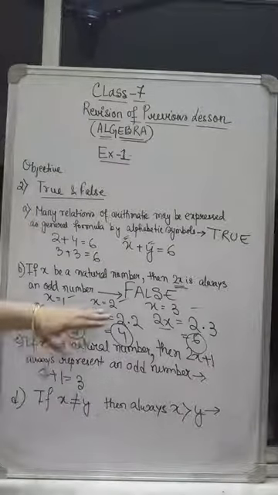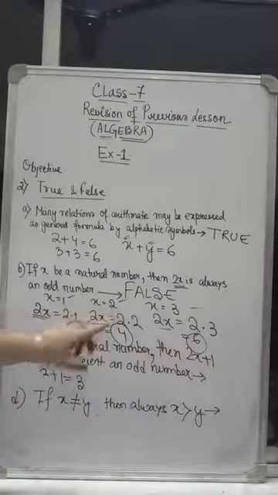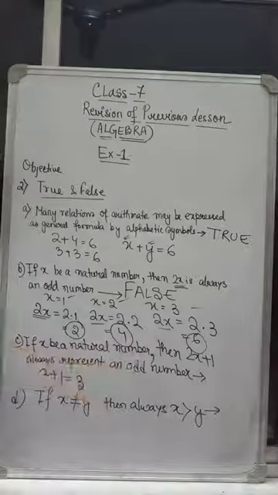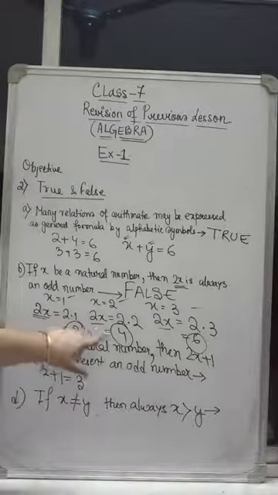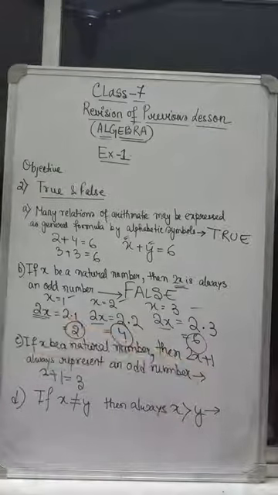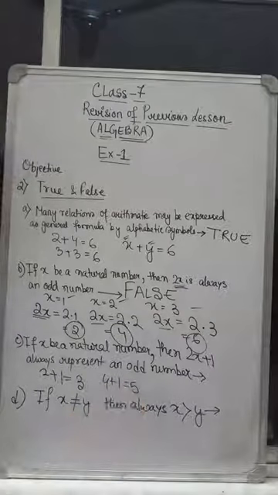I am just showing with the help of the previous sum that I have done. When x is equal to 2, x is any natural number over here. So what is the 2x value? It is always an even number, 4. And what will be the 2x plus 1 value? 4 plus 1, 5.